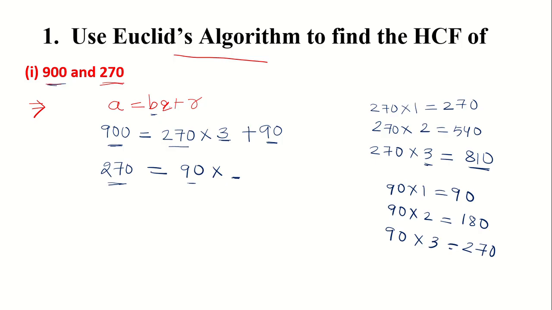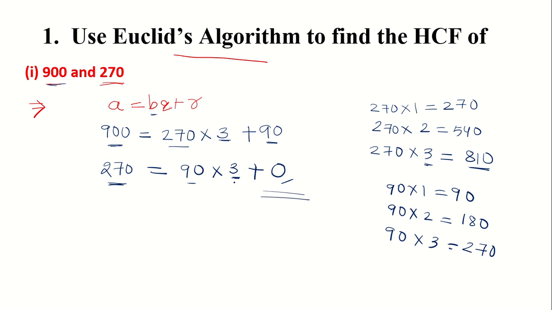So we are getting the required number. What will be the remainder? 0. As the remainder is 0, this is the last step and we stop here.